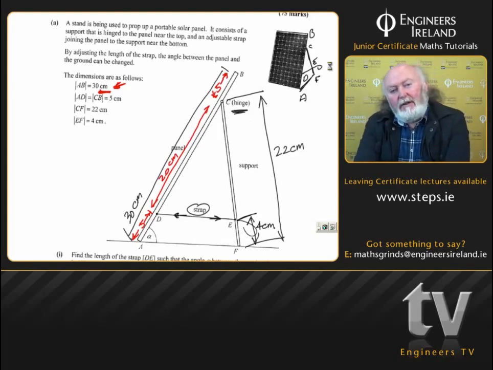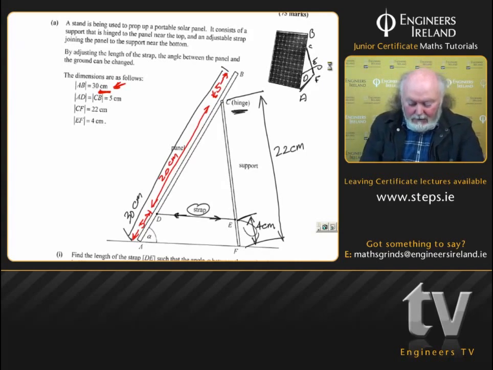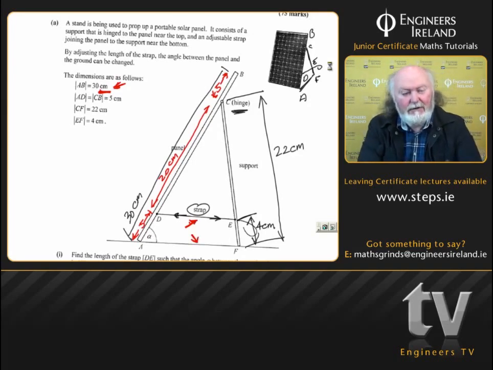Probably the most important thing for you is to again recognize the point that was made in the last one, that you are not as likely to encounter parallel lines in these problems as you would in the traditional maths course. Just because this looks to be almost parallel to that doesn't make it parallel to it. You cannot make that assumption. You will be wrong if you make that assumption.